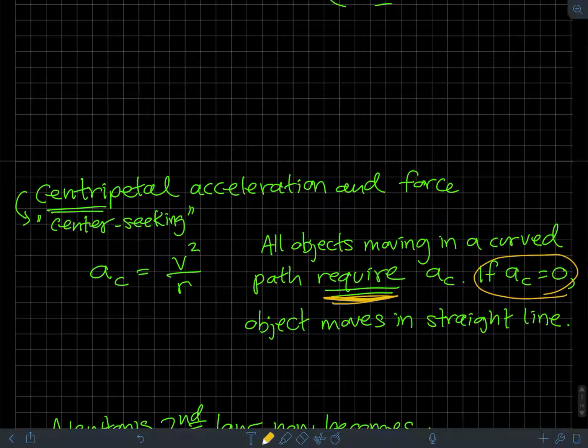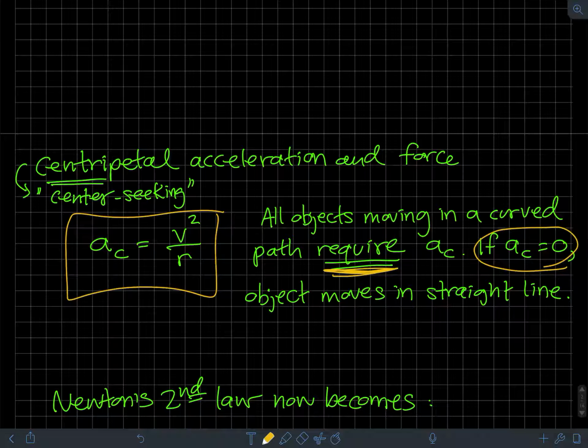Centripetal acceleration is given by this expression here. Anytime we have a curved path, there's got to be something that is causing an acceleration toward the center. Now, keep in mind, I'm not saying that the object moves toward the center, but that the object has an acceleration toward the center. Its velocity is still going to be in the direction of the curved path.